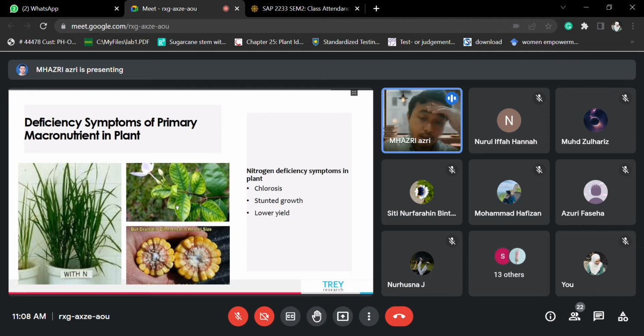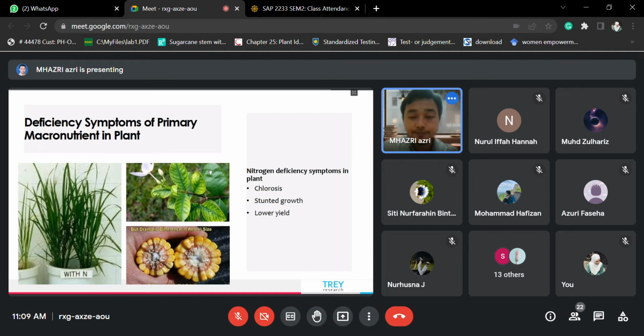However, in this picture, the chlorosis appears on new organs, the new leaves. If we look here, all the older organs are fine. So this is actually not nitrogen deficiency symptoms. I will change it later, I put the wrong picture. For nitrogen deficiency, the chlorosis is on the lower organs or the older leaves.